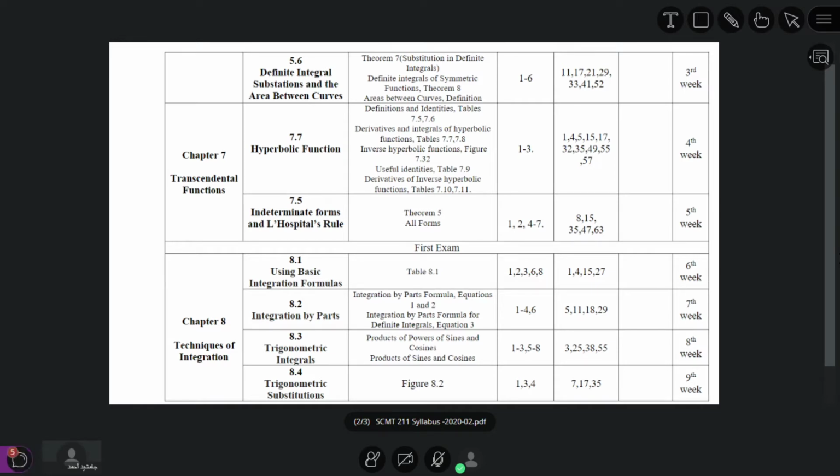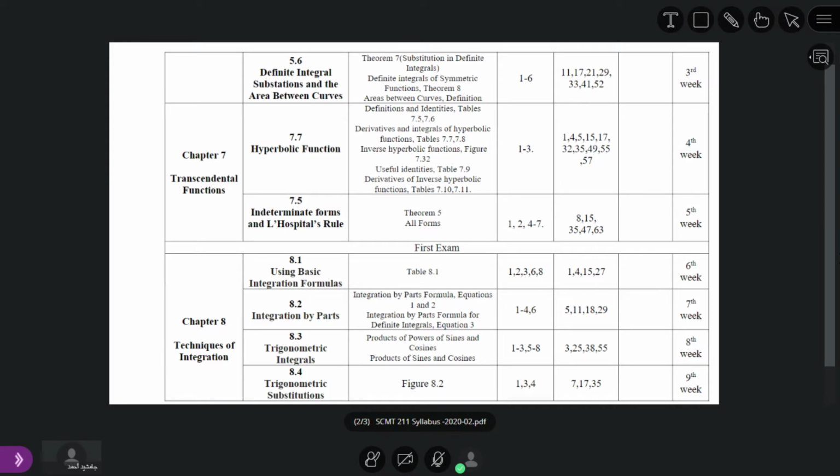In 8.2, we will have integration by parts. Integration by parts means we will have two functions. We categorize these two functions as the first function and the second function, and we will use integration by parts. Suppose one function is a polynomial function and the second function is a trigonometric function.